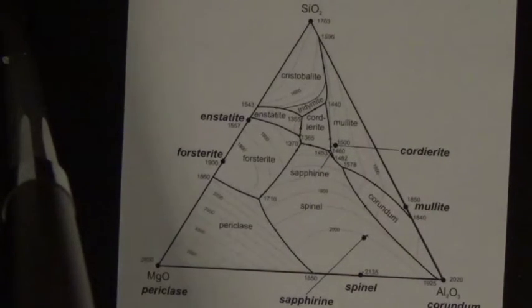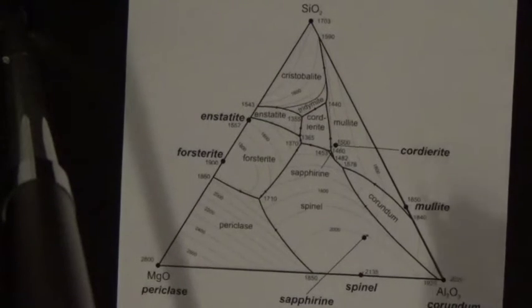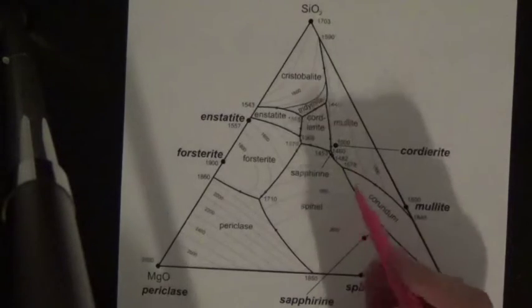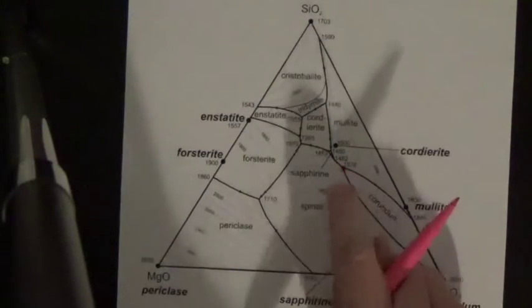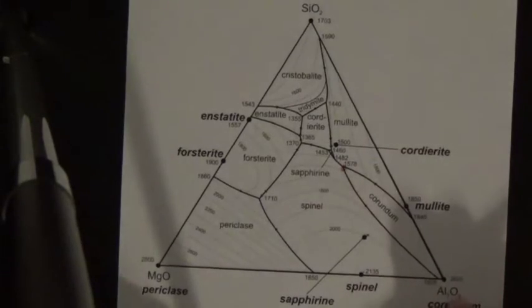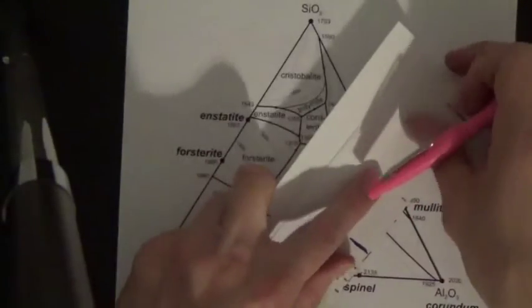So let's look at these and look at the compositional triangles. So where we have corundum, mullite, and spinel, that triple point, that's mullite, spinel, corundum. So that gives us this compositional triangle.